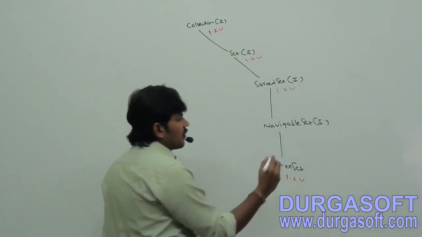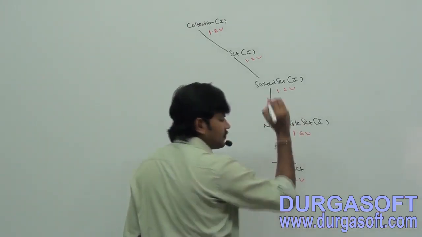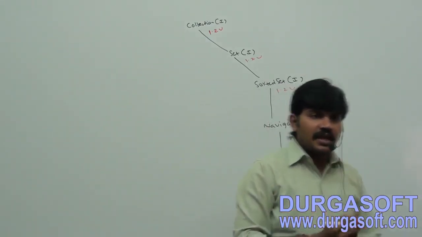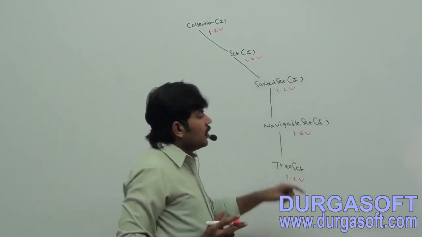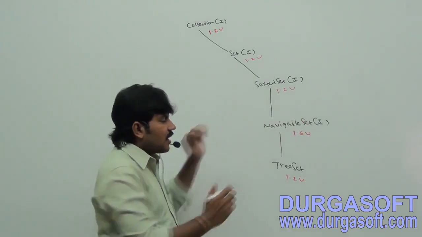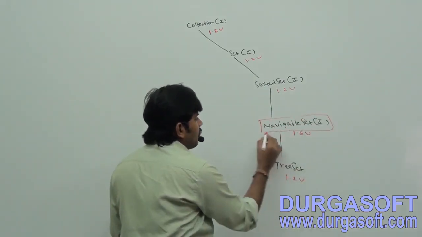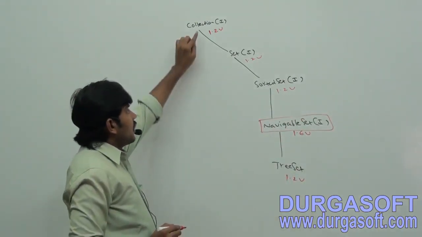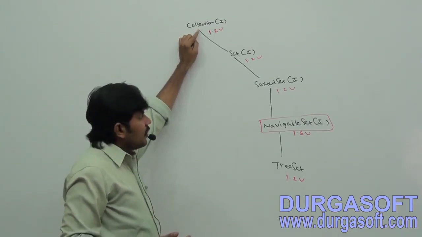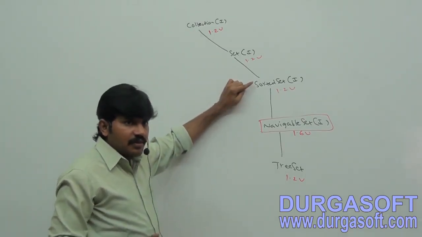Sir, so many things are there. What is the need or purpose of navigable set? Why did this navigable set come into the picture? Collection contains several methods, sorted set contains several methods. Do you remember?